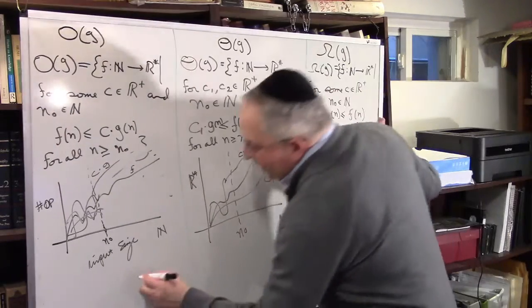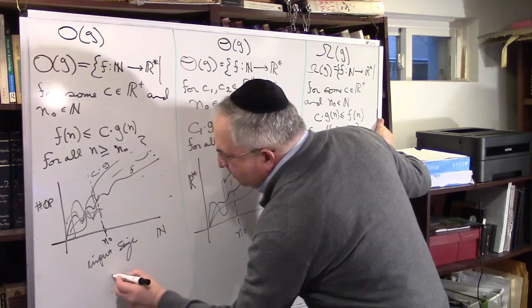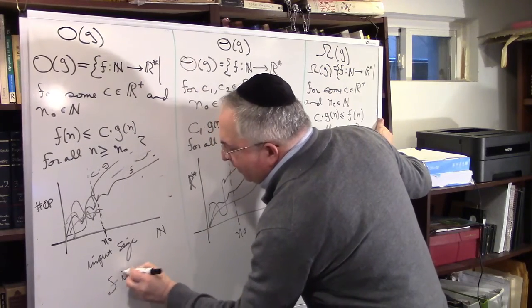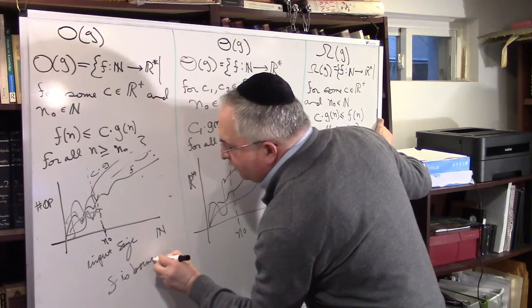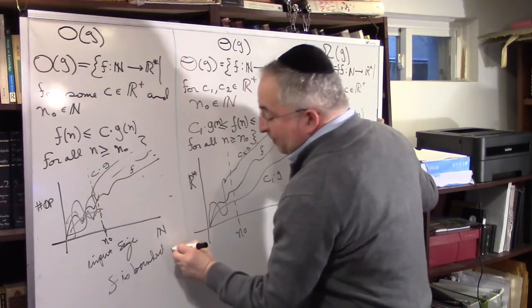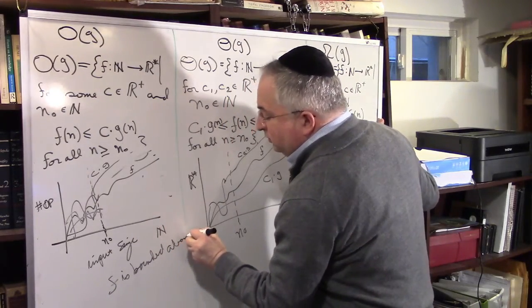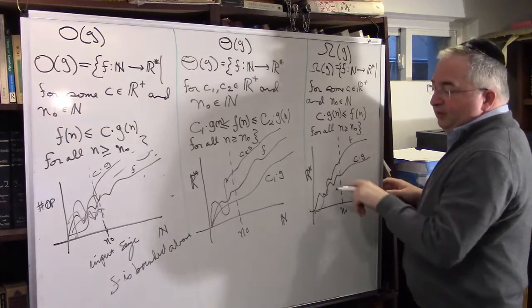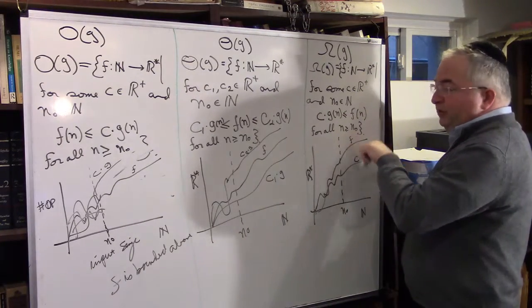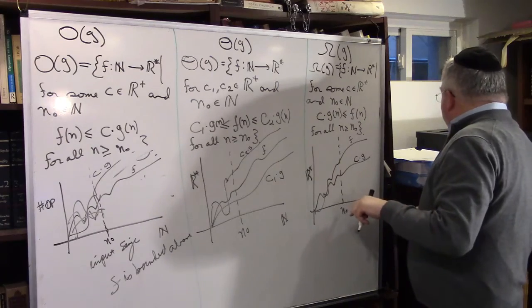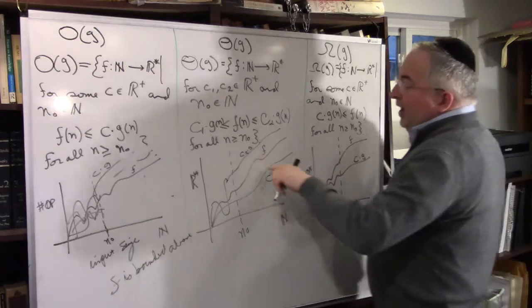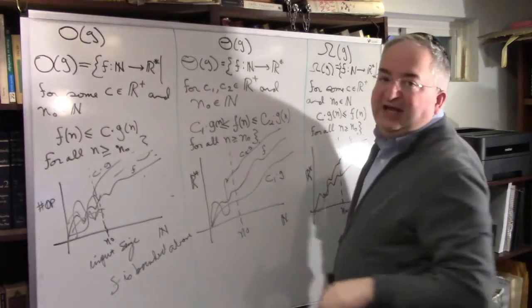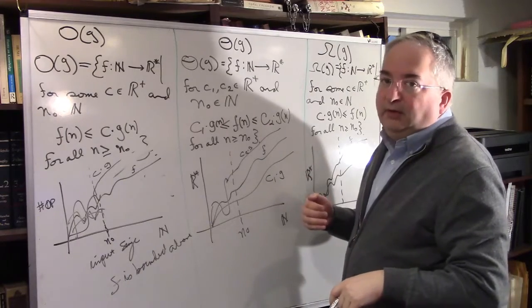Here we say f is bounded above, g is on top of it. Here we say, I'm not going to write it, but you got it, f is bounded below. And here we say f is bounded tightly above and below.